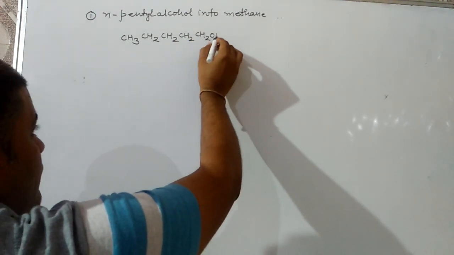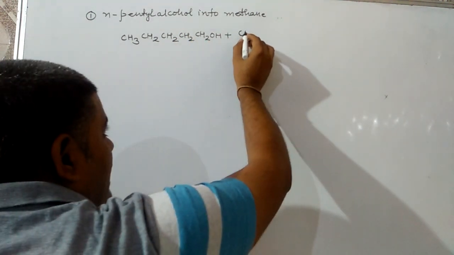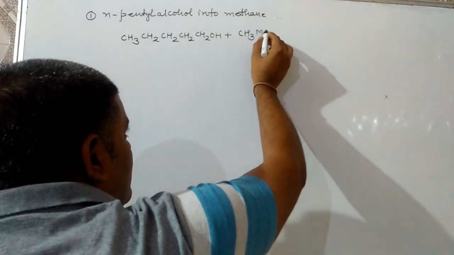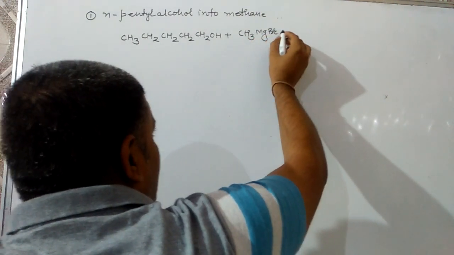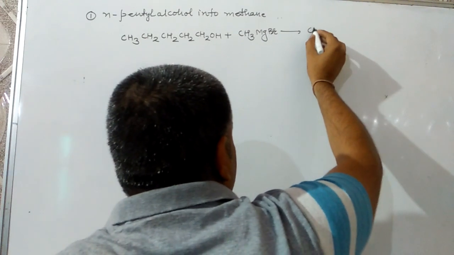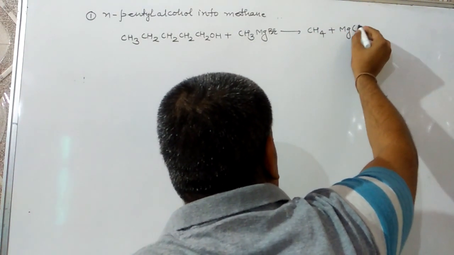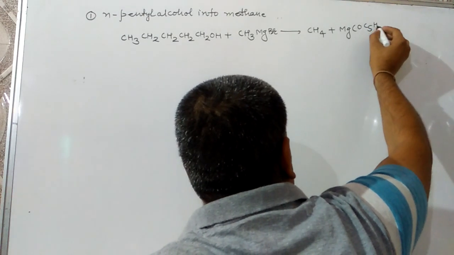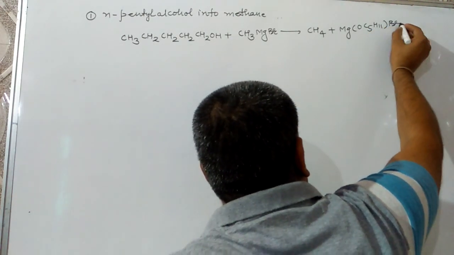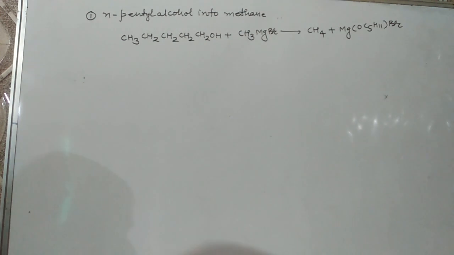For that, we have to add methyl magnesium bromide to it. Then the products formed will be methane plus MgOC5H11Br. I hope you understand.